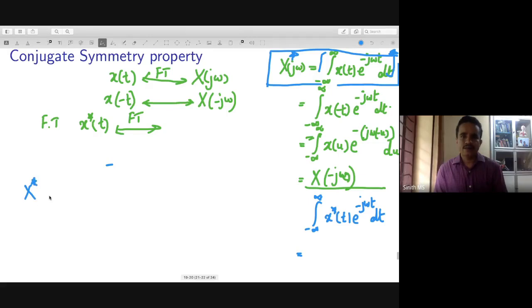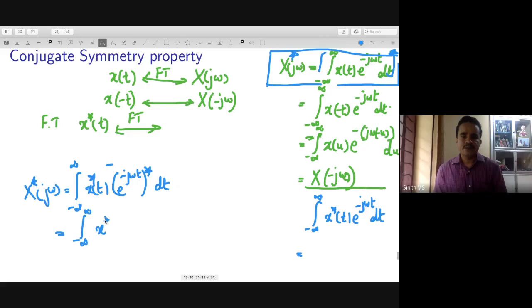So X star of j omega is equal to the integral from minus infinity to infinity of x of t, the complex conjugate, let us take it inside the integral, e raised to minus j omega t. You'll have a conjugate for this also. dt is real, so that doesn't have a conjugate. So this you can write as the integral of x star t times the conjugate of e raised to minus j omega t.